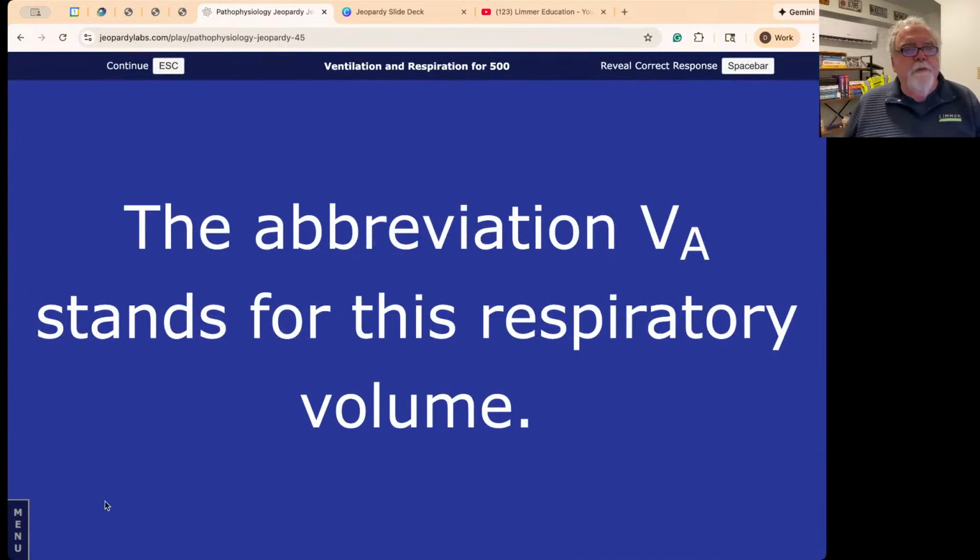Finishing up the respiratory. The abbreviation V with a subscript A stands for this respiratory volume.